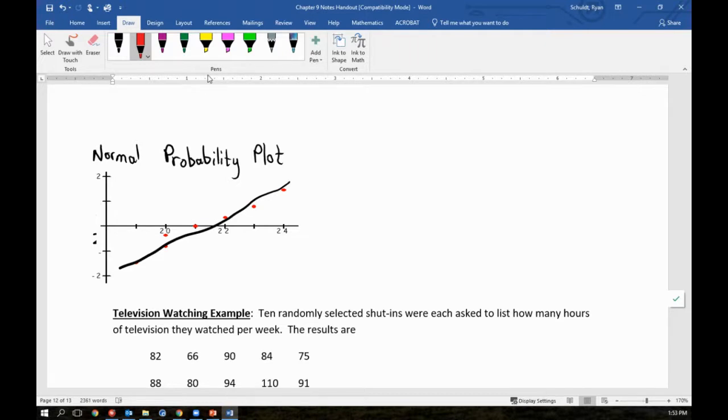Now, I will say dual credit, don't freak out too bad about this. I won't have y'all checking normal probability plots and all that stuff on the test. So the plot is reasonably straight. So let's make a note of that up here. The plot is reasonably straight.